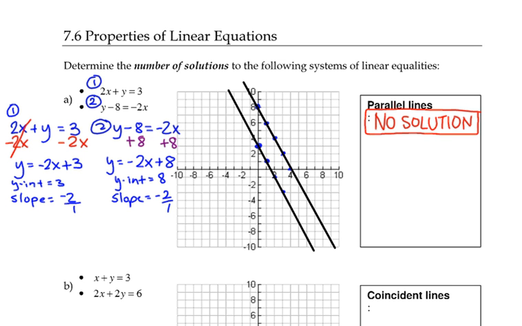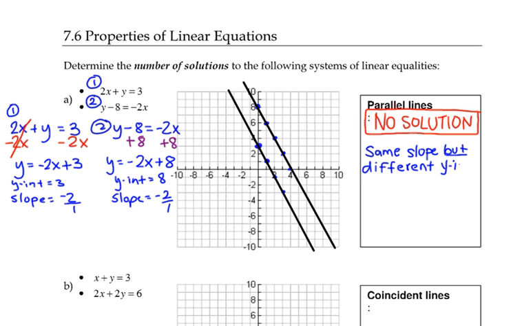So how do we spot when we have parallel lines? What's the easiest way to spot if we have parallel lines? You graph them. Same slope, but different y-intercept.